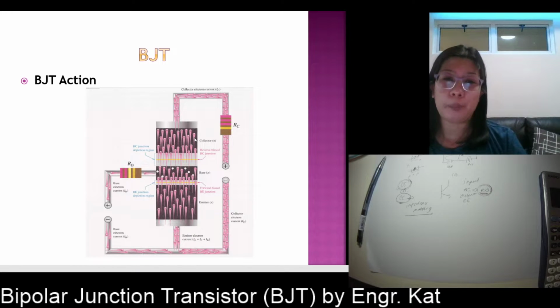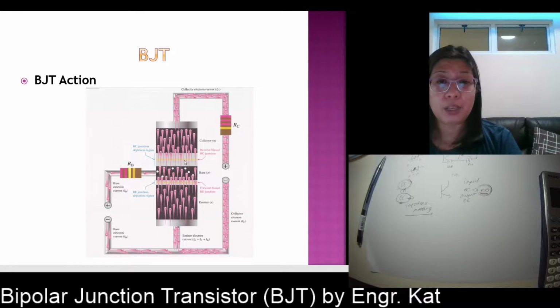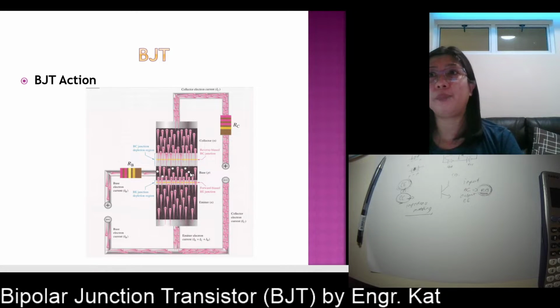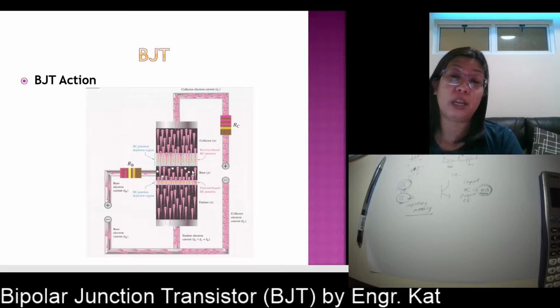So what will happen during the reverse bias mode? Look at the reverse bias mode. The depletion region thickens. The thickening of the depletion region doesn't permit the majority carriers, which are the holes, to be transferred to the collector side. But during reverse bias, reverse current may occur. What do we mean by reverse current?